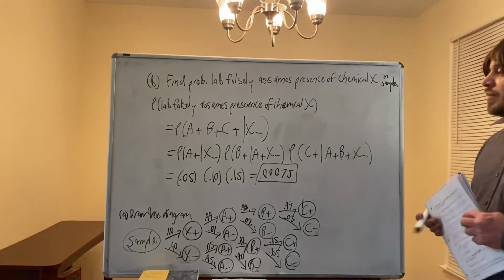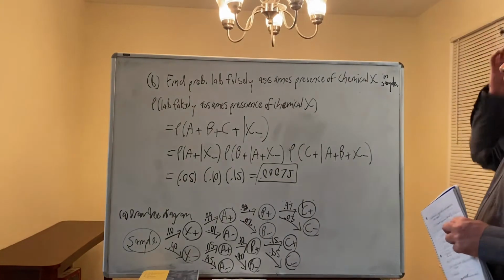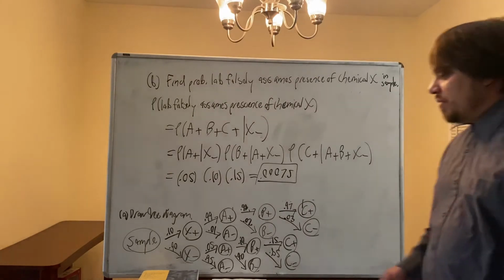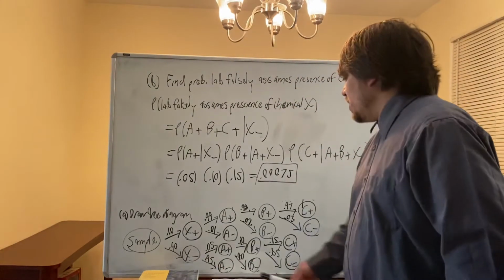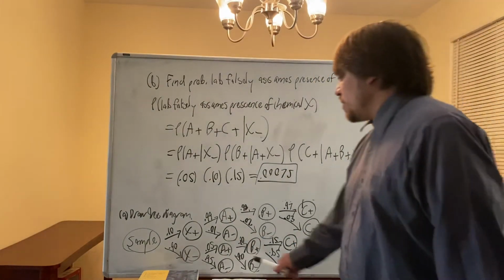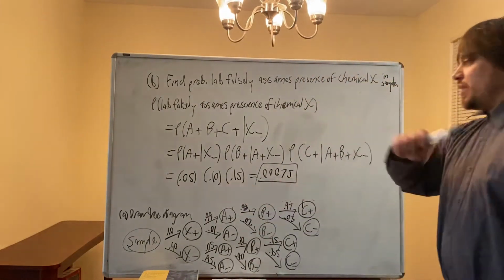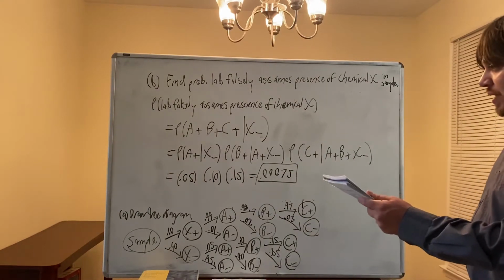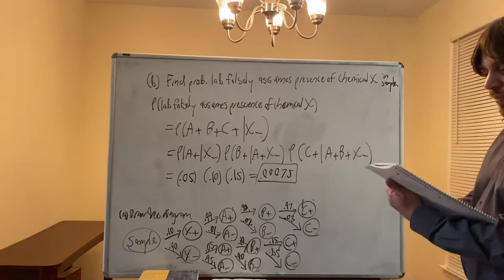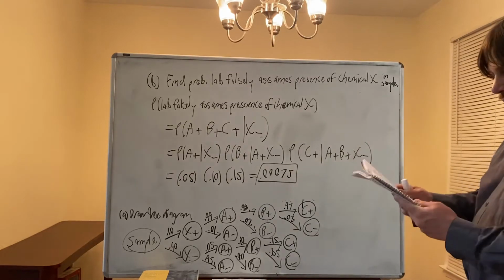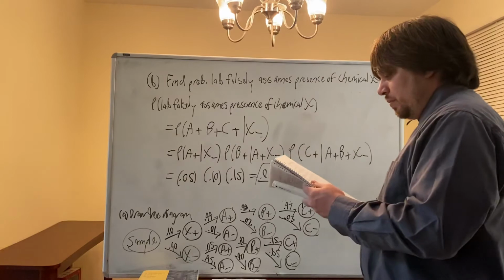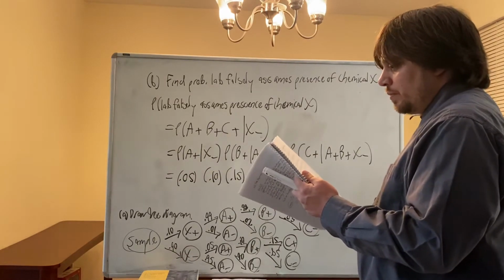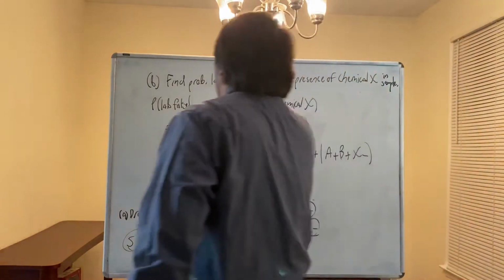Okay, so that's the probability the lab falsely assumes presence of chemical X. Right? That's, given that chemical X is not in the sample, that all three of these tests come back positive. So it's this times that, which is that. Okay, and so that's part B. Okay, so let's do the next one.